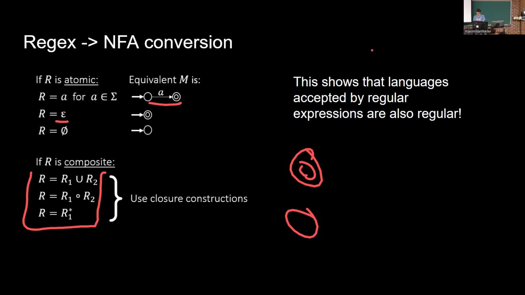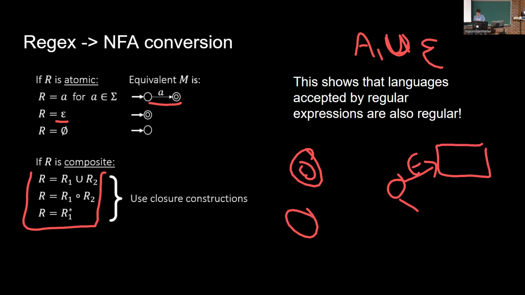For instance, if you had A1 union epsilon, you could have a start state. Like we said last time, it's a union, so we just need 2 epsilon transitions. And then this epsilon would just be an accept state.